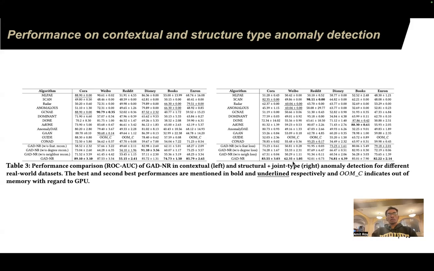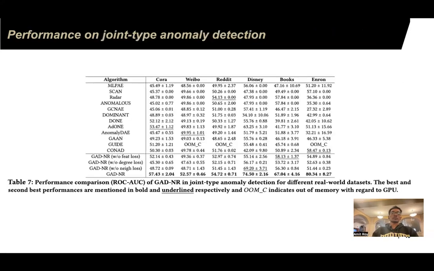So we can see the impact of different types of reconstruction loss in detecting contextual and structure type anomaly. And we also present the joint type anomaly detection separately, and we can see the same pattern here. That is, when the neighborhood reconstruction loss is removed, then the performance of GAD-NR drops in joint type anomaly detection.